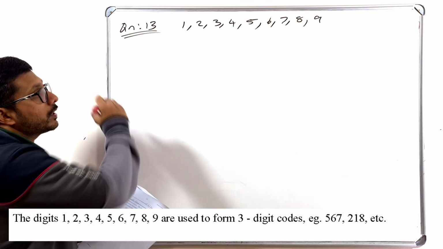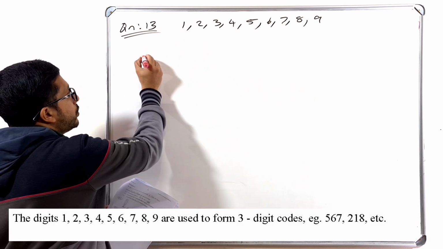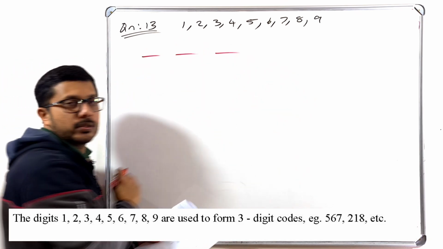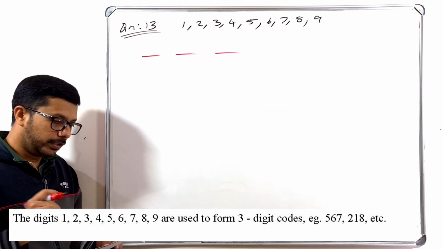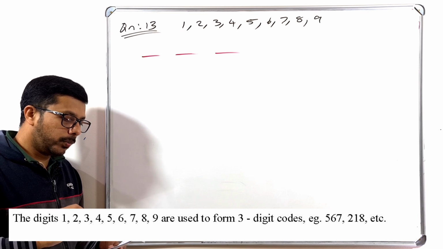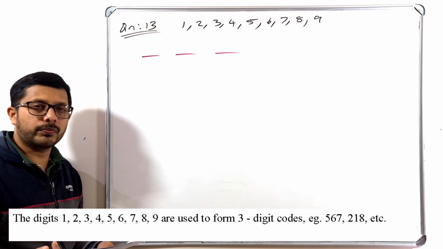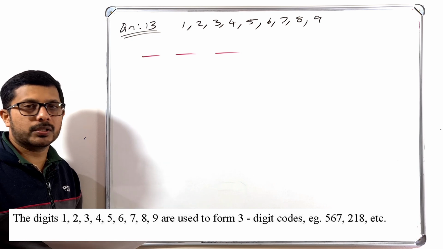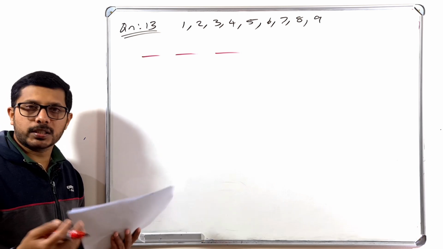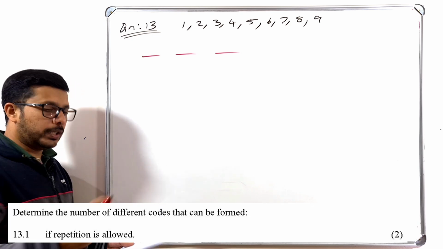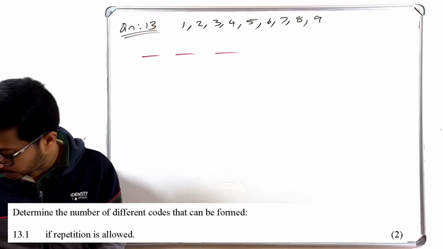So these 9 digits are used to form a 3-digit code. Okay, now determine the number of different codes that can be formed. You have to find the number of different codes, that means just not a probability, just a number. Okay, so 13.1. What is the first question? 13.1.